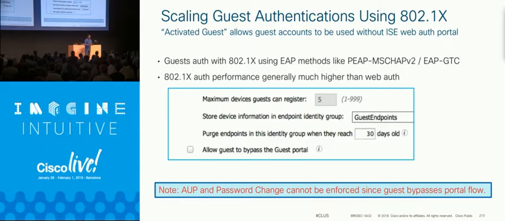What is the benefit I'm getting here? So if I go through the guest flow, if I get redirected, the performance is much slower. All the users have to go to the guest page, enter the credentials, and then log in, right? Over here, I'm giving you .1x performance for all my guest users, right? If you're sharing these passwords. So again, very powerful. If you're trying to scale guest authentication, that's one way to scale all the guest authentications.